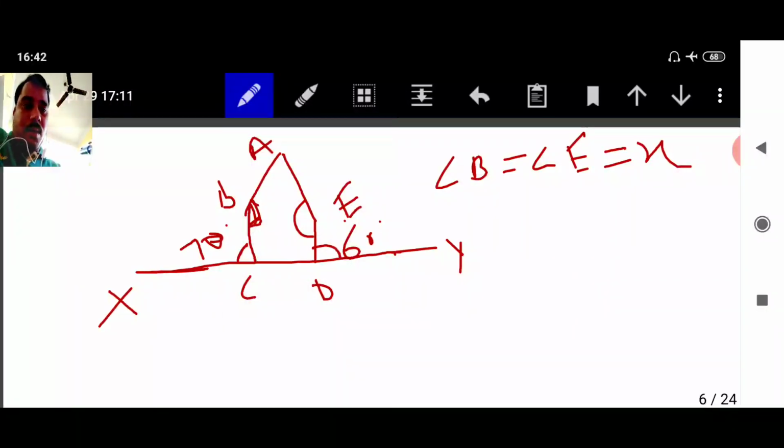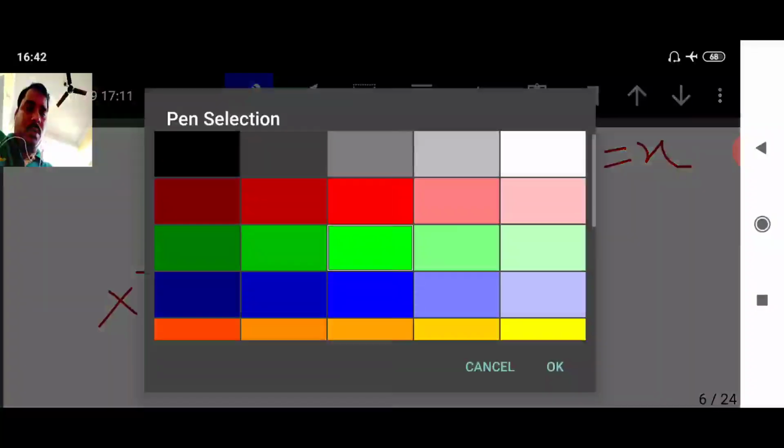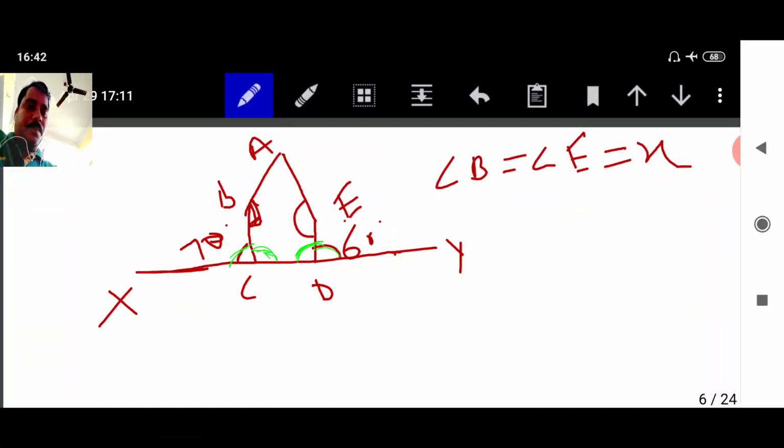First we obtain this angle by applying this plus this, and this is a linear pair. Second, we obtain angle D, 60 plus this equals 180. Let them be 1 and 2, mention here 1 and 2.